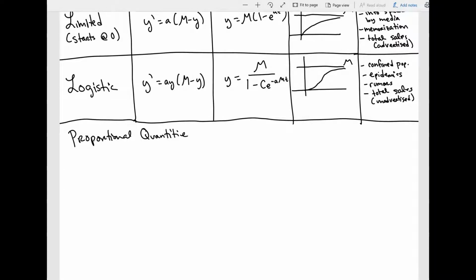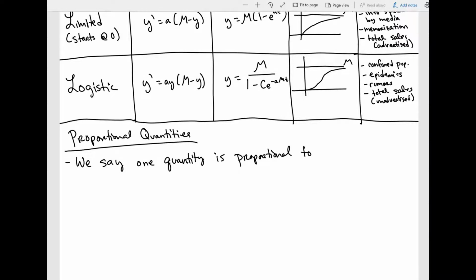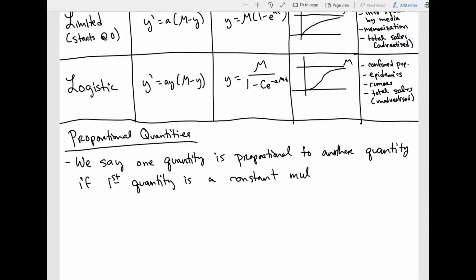What this means is that we say one quantity is proportional to another quantity if the first quantity is a constant multiple of the second.